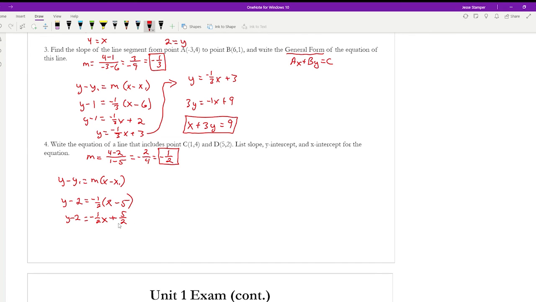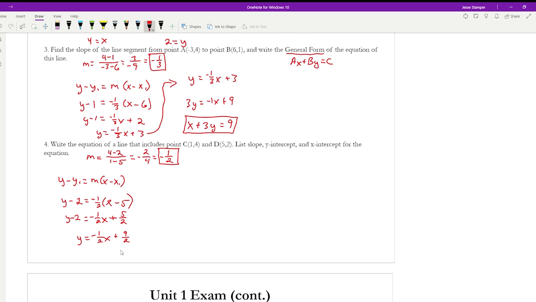Now we add 2 on both sides. We get y equals negative 1/2 x, and here we're adding 5/2 to 2. Now we have to add 2 fractions, so we have to put the 2 over 2, so it becomes 4 over 2. And 4 over 2 added to 5 over 2 gives us 9 over 2.